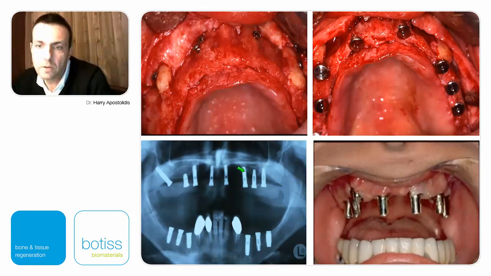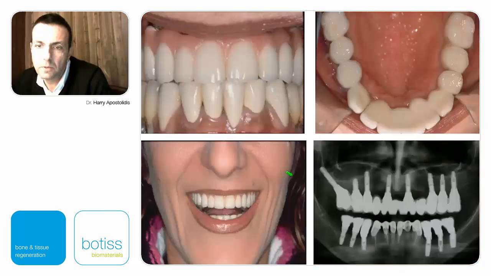It worked. Still working. The patient still has the prosthesis in her mouth. She's happy, but I'm not very happy because I see some bone resorption around my 2 front implants.